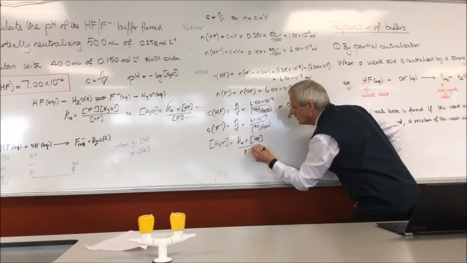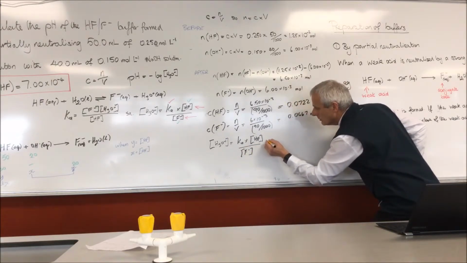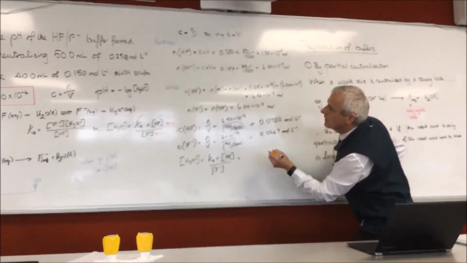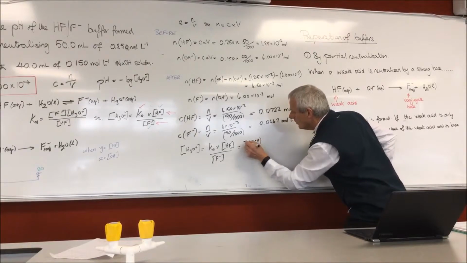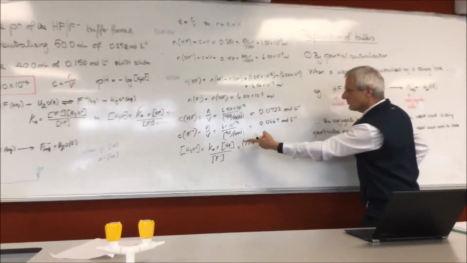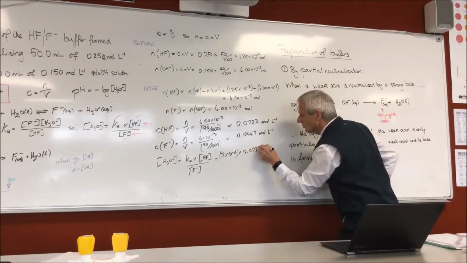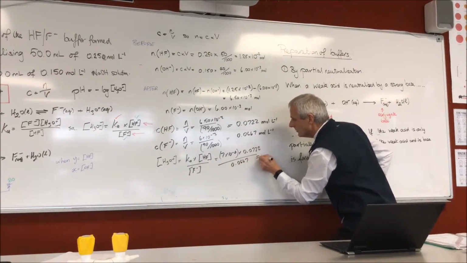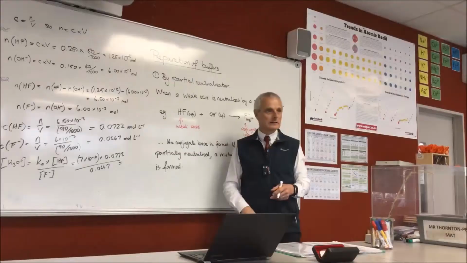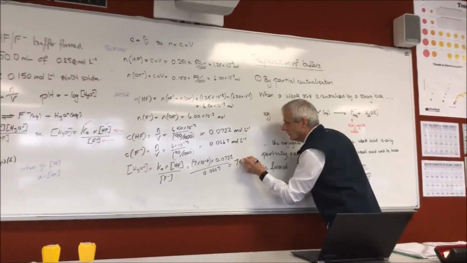Ka times the concentration of HF divided by the concentration of F minus, which is equal to 7 times 10 to the minus 4 times 0.0722 divided by 0.0667. Somebody can calculate that for me? 7.58 times 10 to the minus 4.